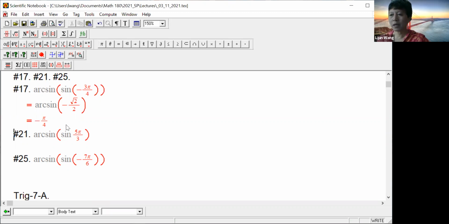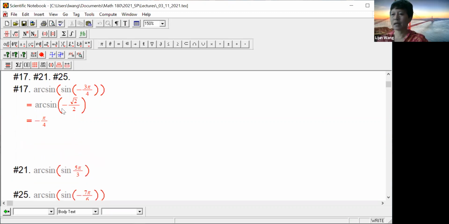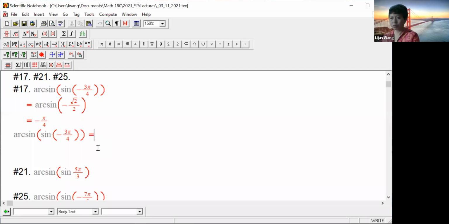Sometimes I get these kinds of answers. Some students will give me 2 answers. One is negative π/4, and the other one is negative 3π/4, for example.